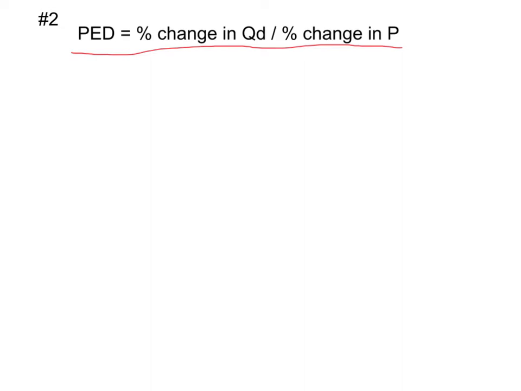Right? Well, I'm telling you that the price elasticity of demand is negative 1.35. And we know that equals the percentage change in quantity demanded divided by the percentage change in price. We don't know what the percentage change in quantity demanded is, but we do know that the price is going to go up, so it would be a positive 12%.